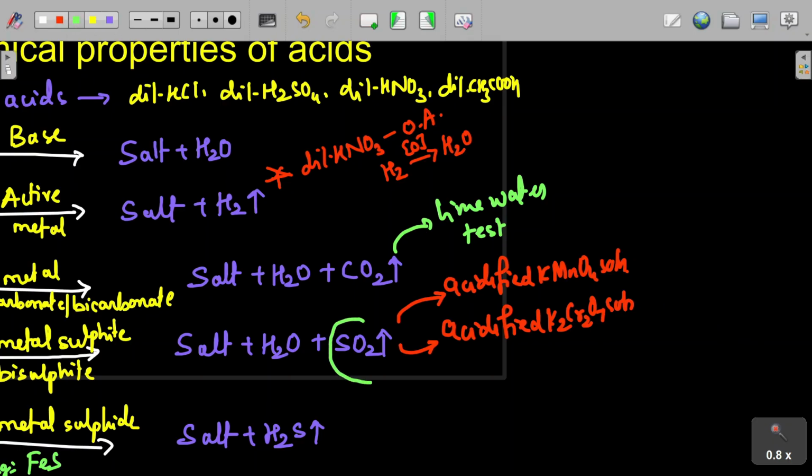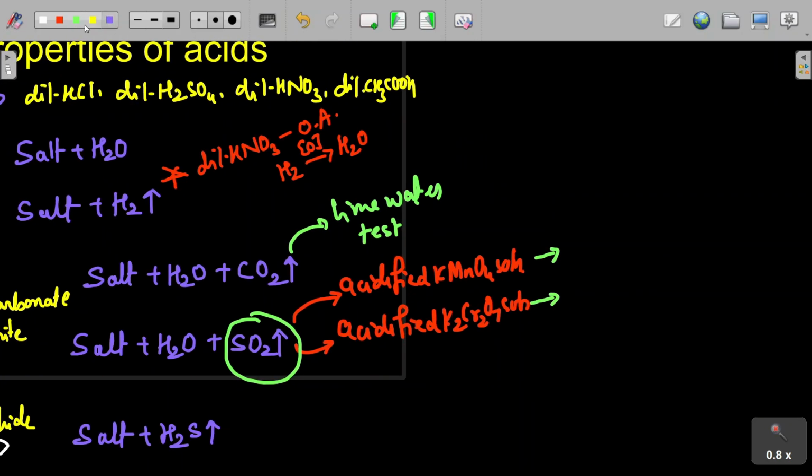This test is shown by SO2 only. CO2 will only turn the lime water milky but has no effect on either of them. Whereas SO2 will change the color for both of them. What is the color change for acidified KMnO4?